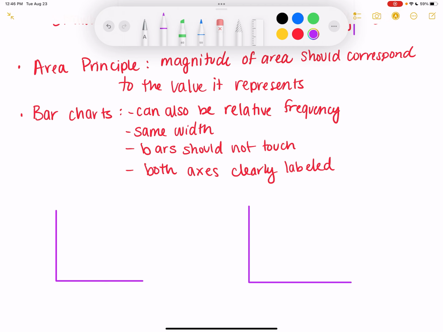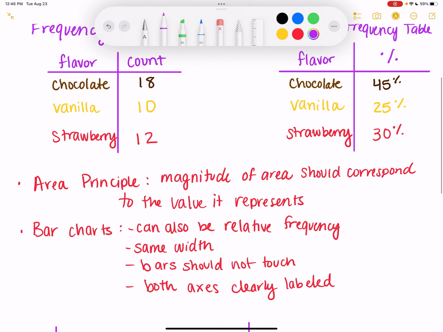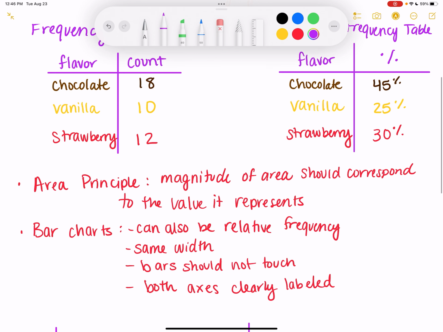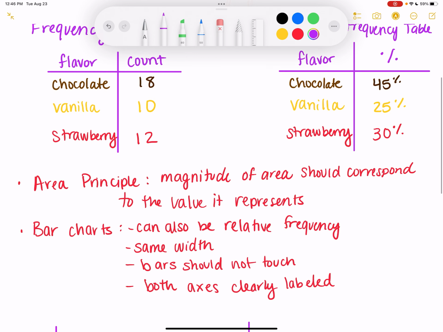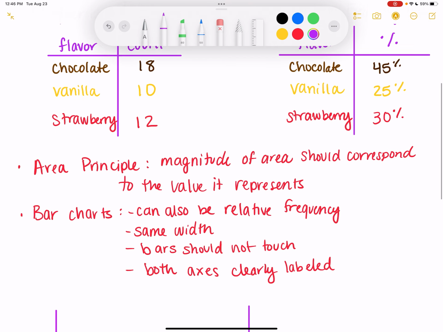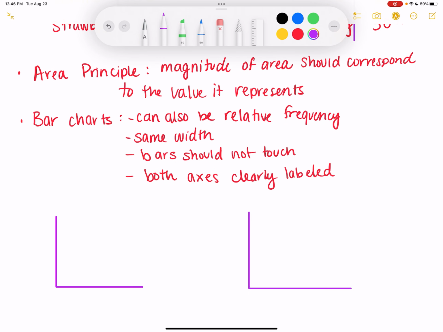I'm gonna color code those two. So for the frequency one, that's gonna be my one on the left, I'm gonna do increments of 5, I guess, up to 20. Because my biggest is 18.